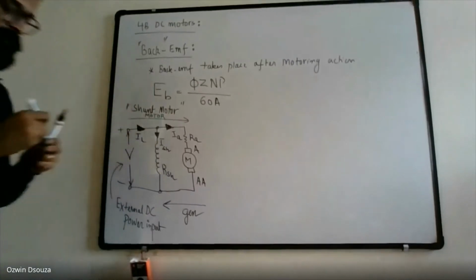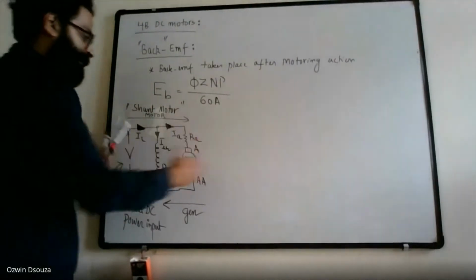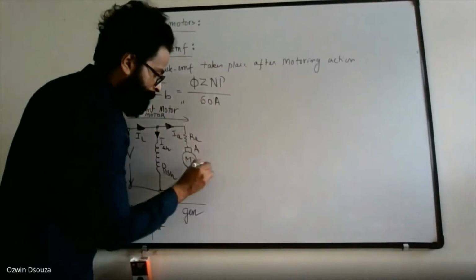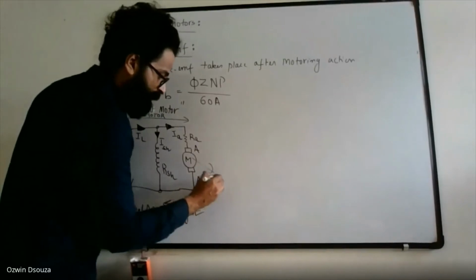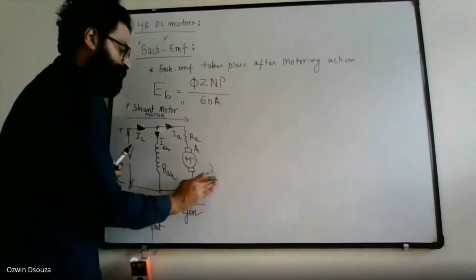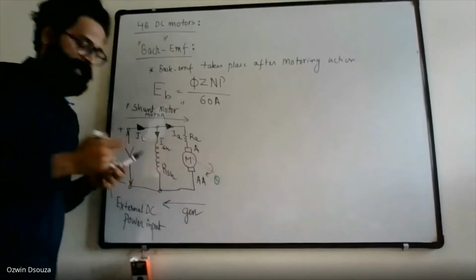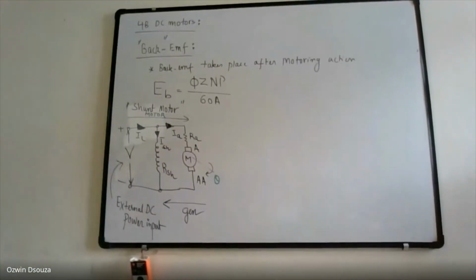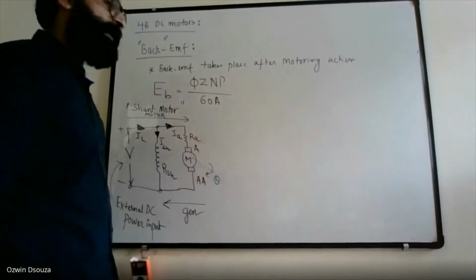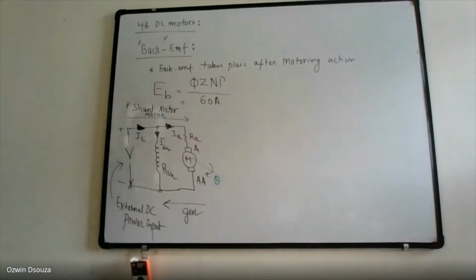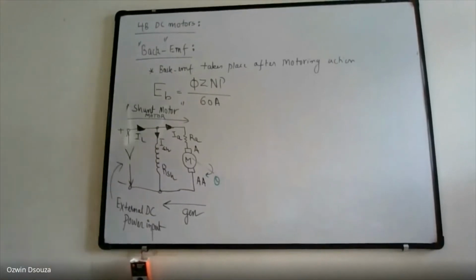So this is electrical, and then the motor starts to rotate. Let's say theta. Theta is the angular displacement. So when you give electrical input, it gives mechanical rotation. So mechanical rotation is visualized with theta.